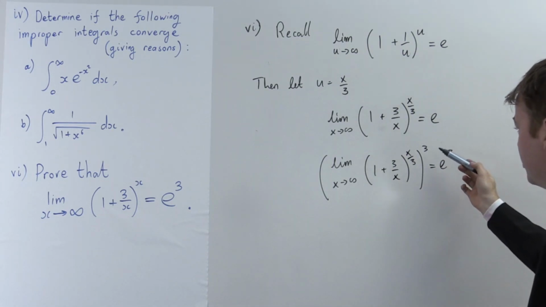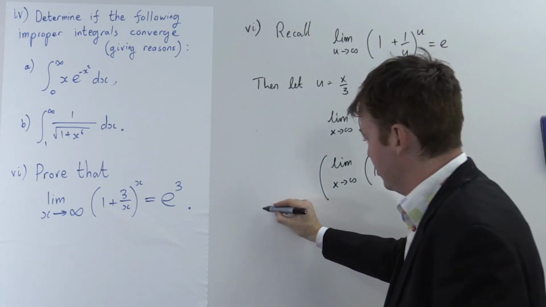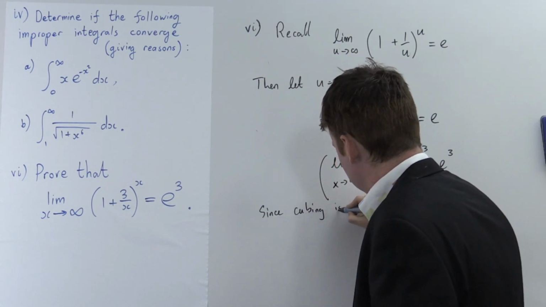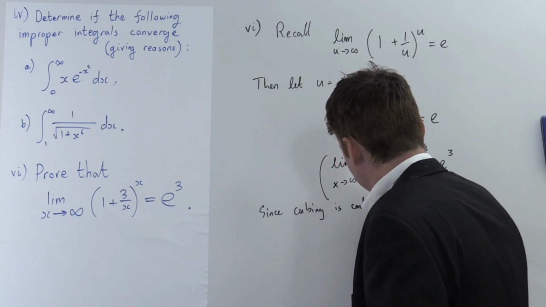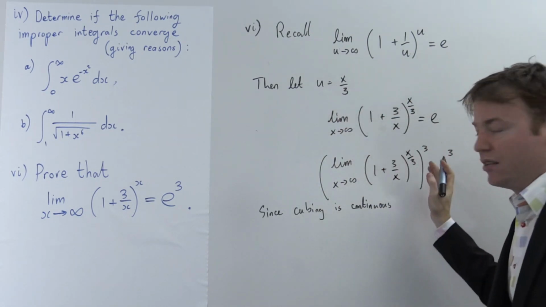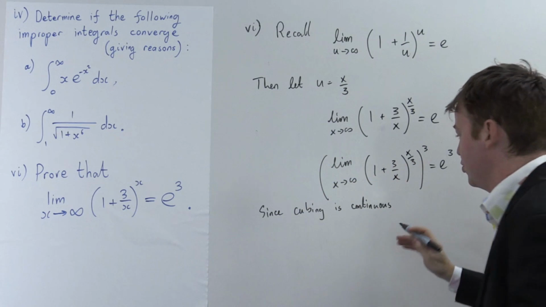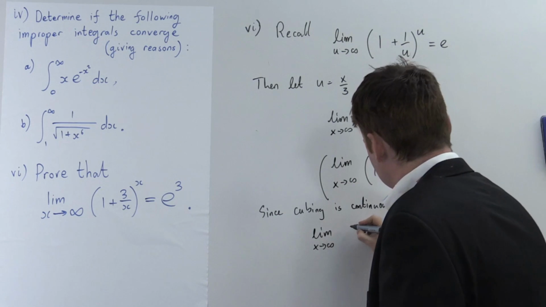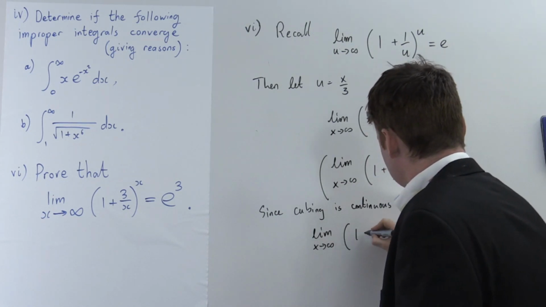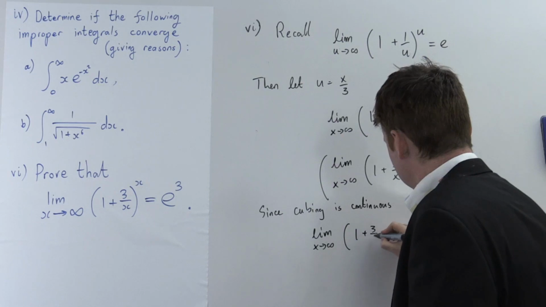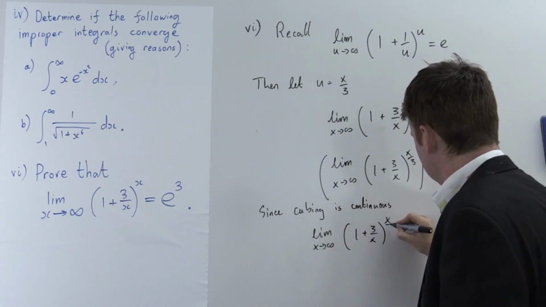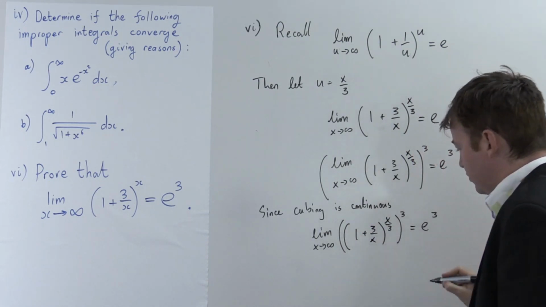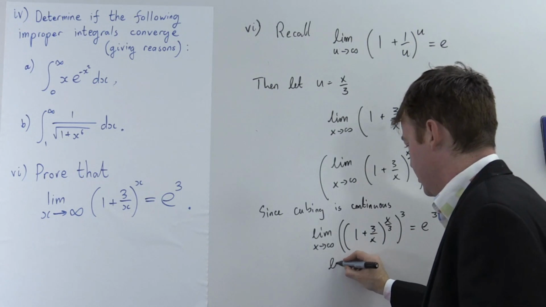And now, because cubing is a continuous function, I can bring the limit outside the cube. And then I just multiply those things.